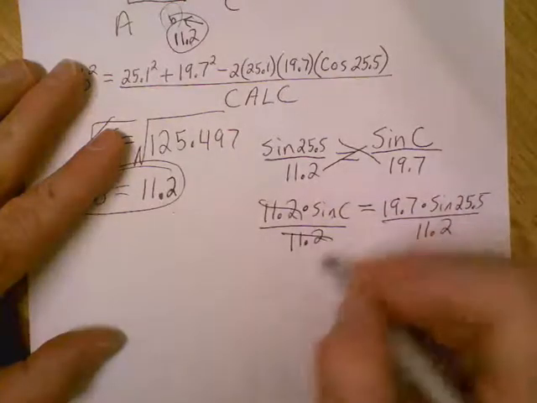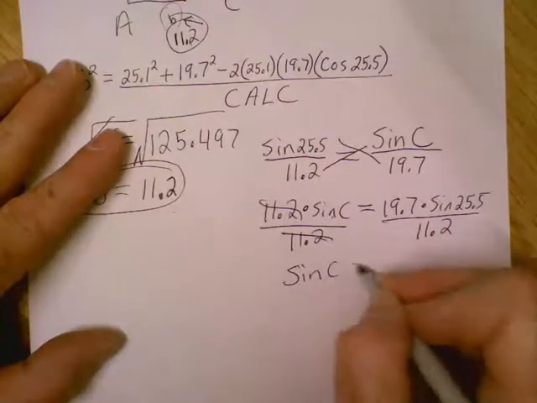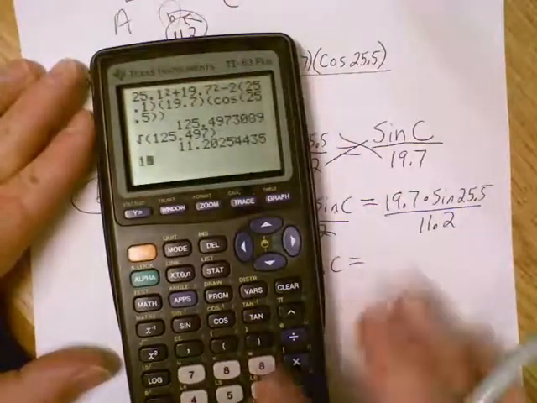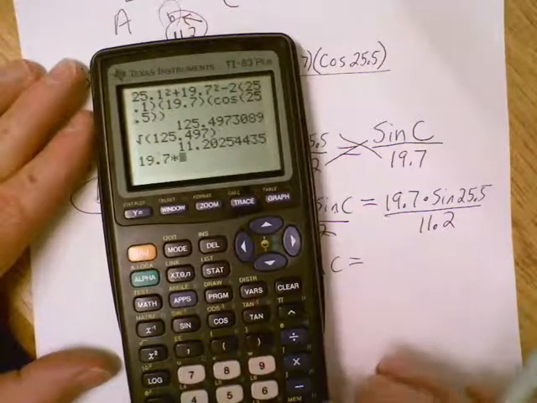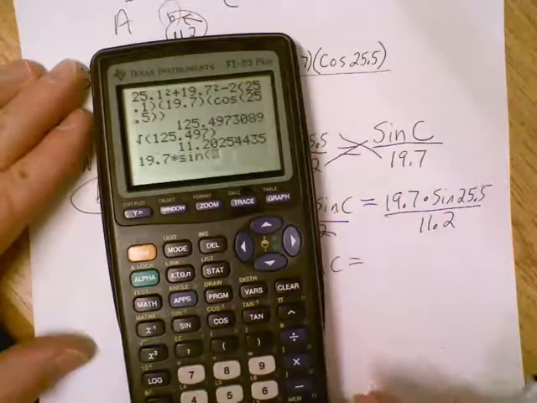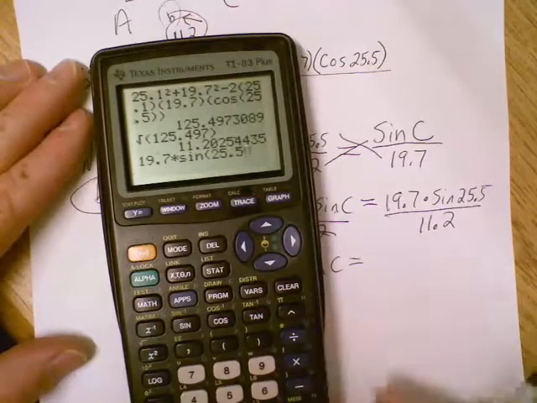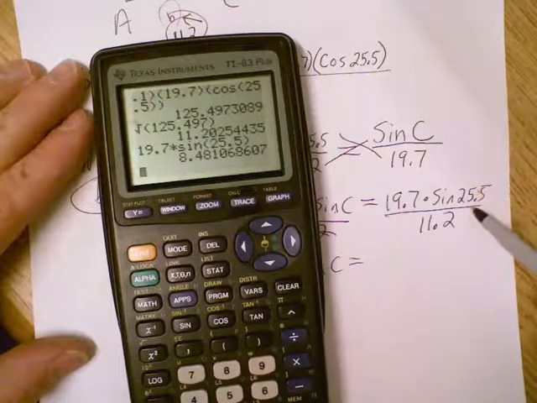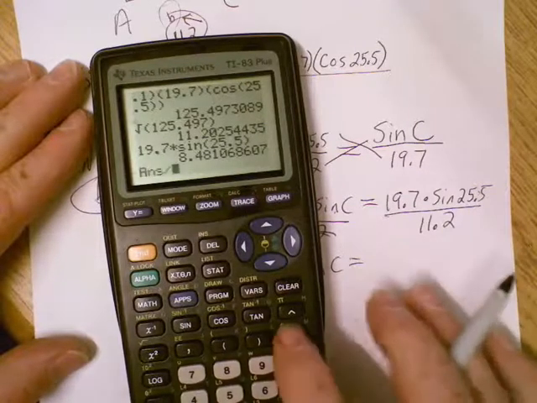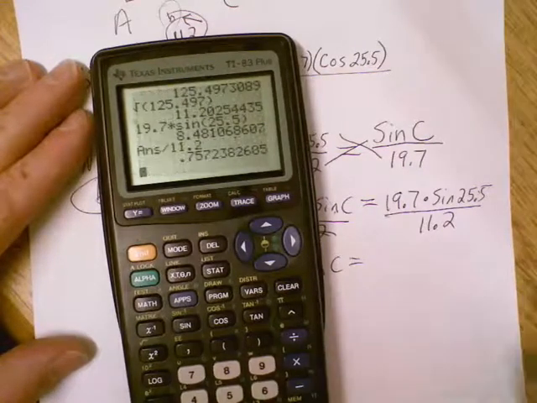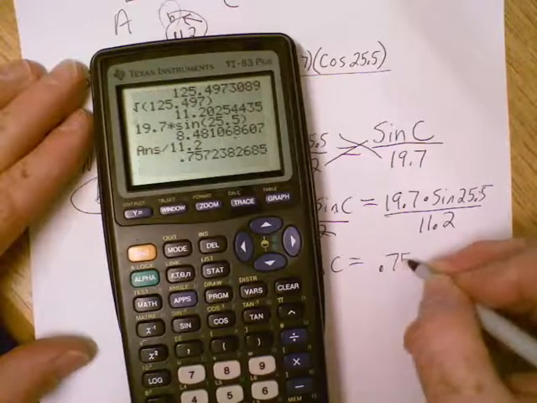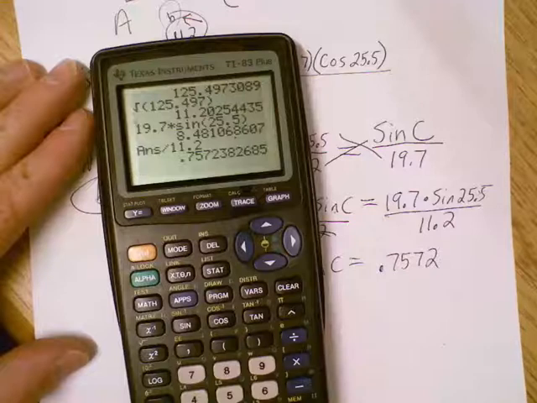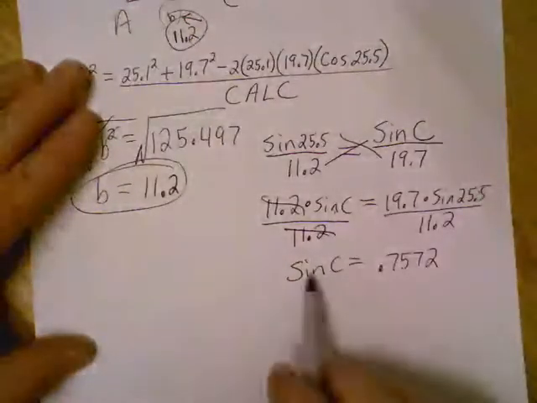These cancel out, you're left with sine of C equals, and then I'm just going to punch all this into my calculator. 19.7 times sine 25.5. That's just the top part. Then I hit divided by 11.2, and I come up with 0.7572. Again, that's the sine of C.